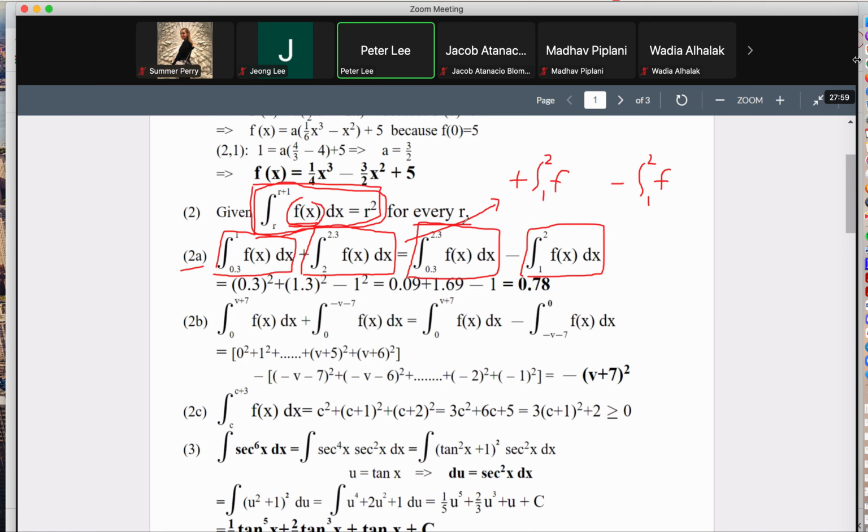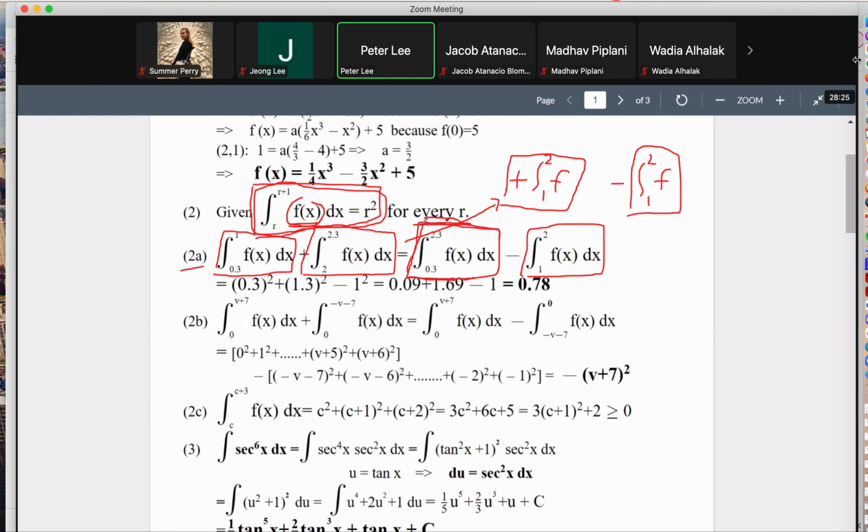To fill in the gap, we add the integral of f from 1 to 2, and then we subtract the integral of f from 1 to 2. If we add and subtract it, we end up getting the integral from 0.3 to 1, and then 1 to 2, and then from 2 to 2.3. When you add up those 3 integrals, we end up getting this. And then we have to subtract this guy. So that would be the first step.